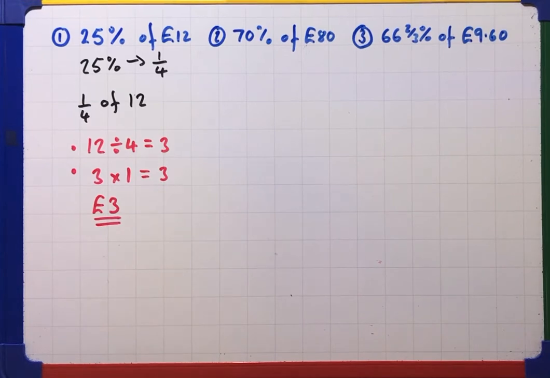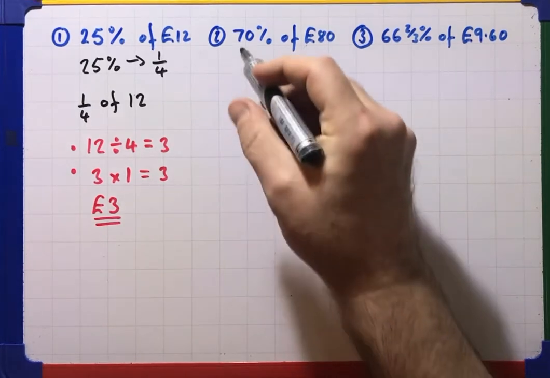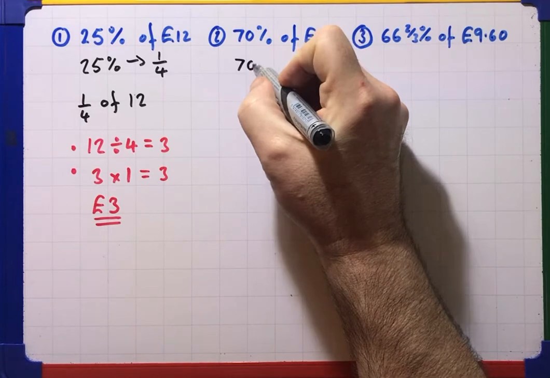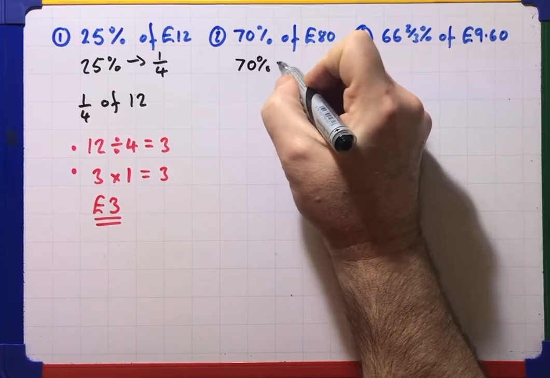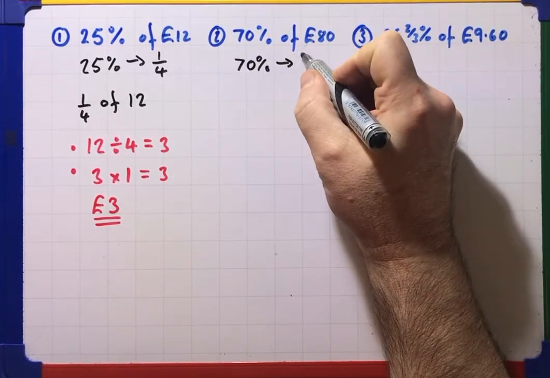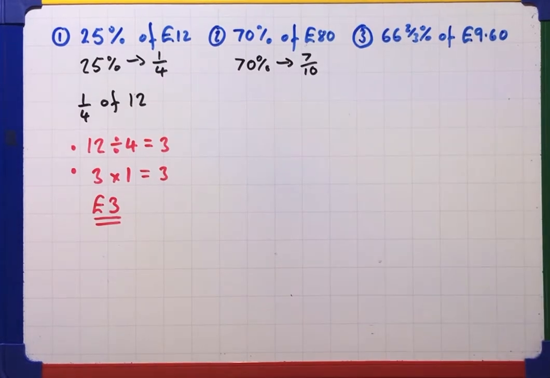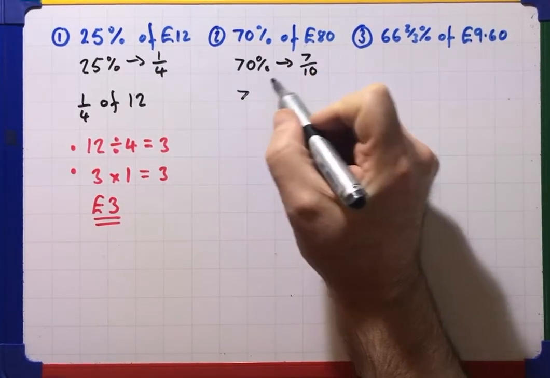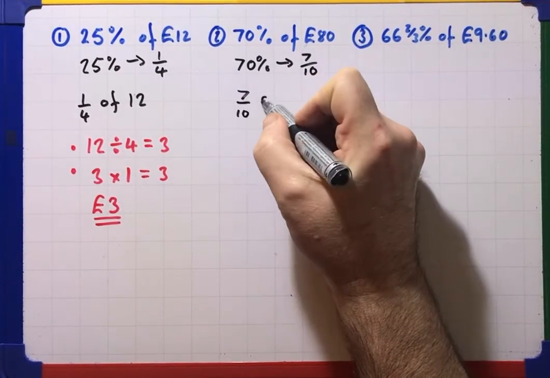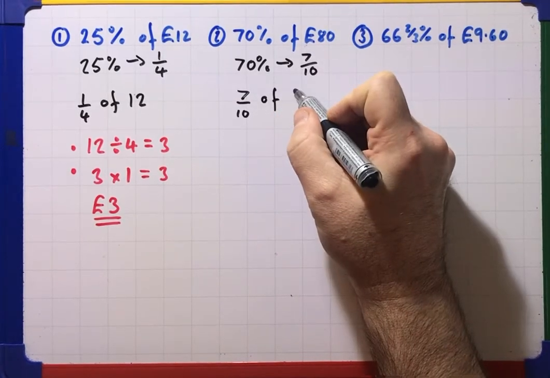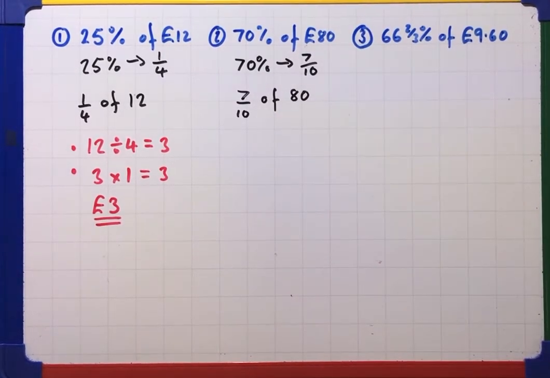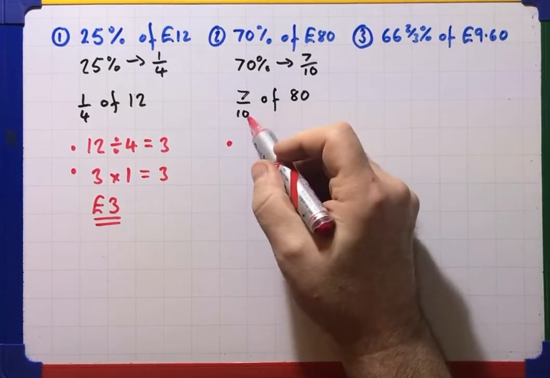So, let's have a look at the next one. If you look at your list, 70% is 7/10. Okay, that's on your list. So really what we're doing is 7/10 of 80. Same as before, first step, divide by the bottom.